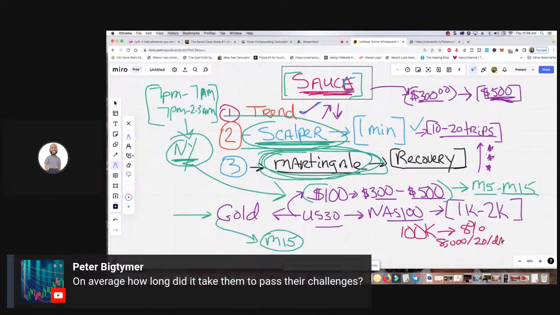That's $400. So your target goal on that 100K, at a minimum every day, is $400 a day. That's not even 1% of 100K, and your goal should be to hit at least 1% a day. If you can do a minimum of $400, which guys, I'm very confident you can do with the sauce, then you will hit your target goal in 20 days. So look at it like that.